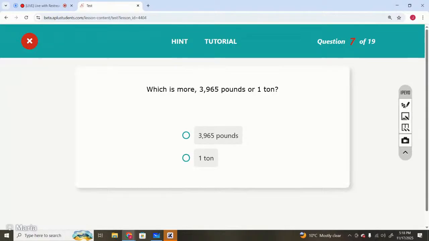Which is more, 3965 pounds or 1 ton? 1 ton is equal to 2000 pounds. So 3965 pounds is more than 1 ton.